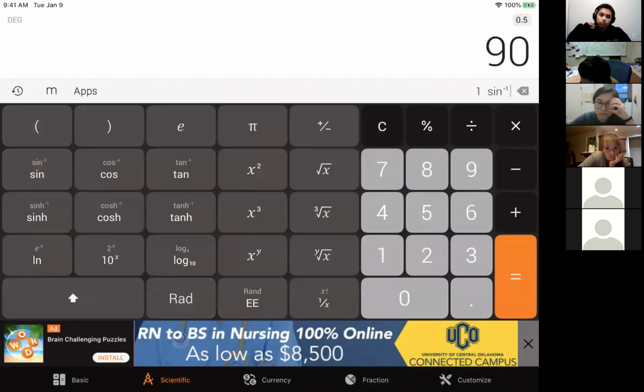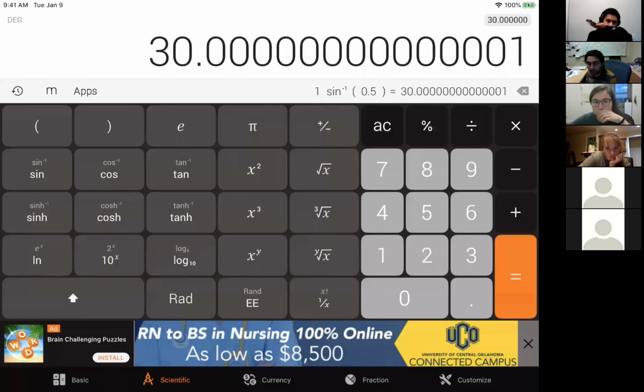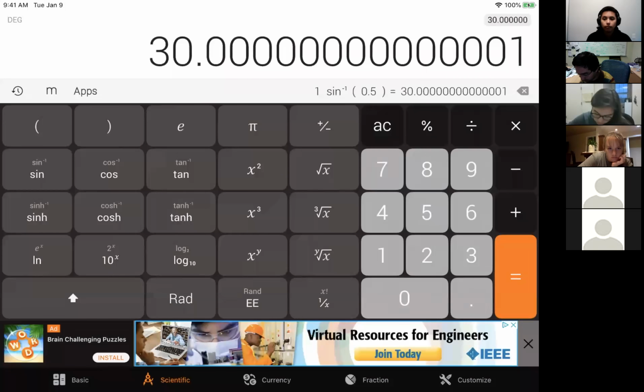Inverse sine of 0.5 should give 30. So that's how it gives 30 degrees. This is how you can check if the calculator works properly, that the setting is proper.